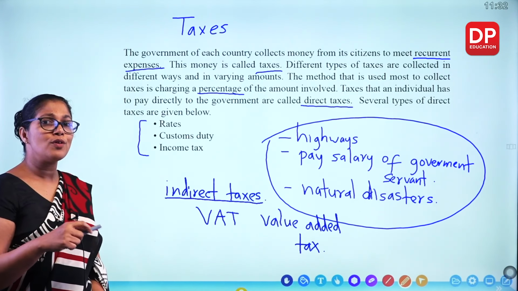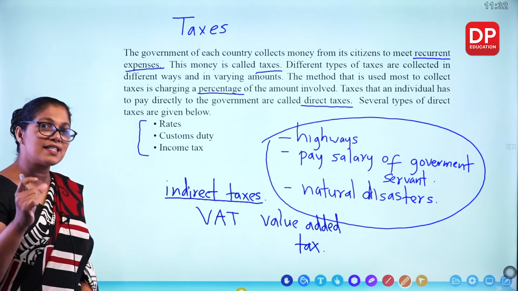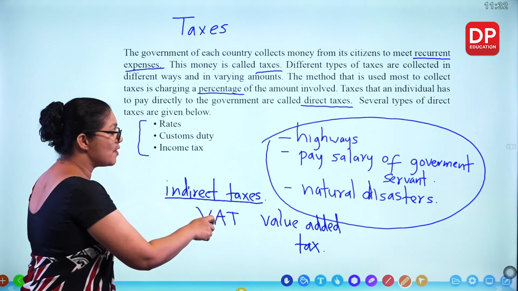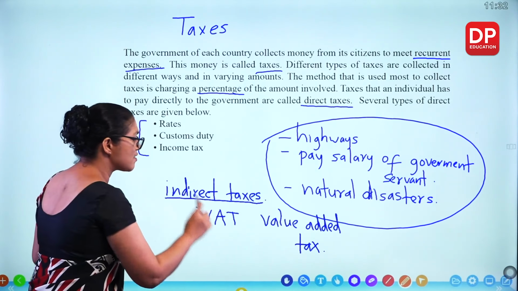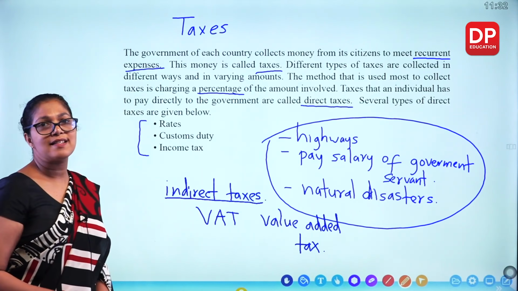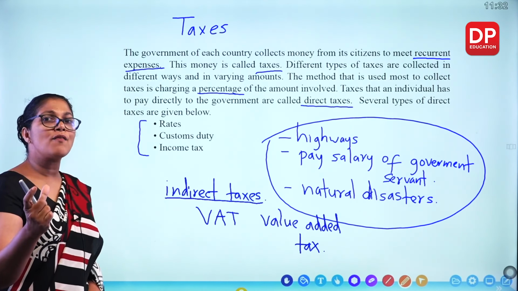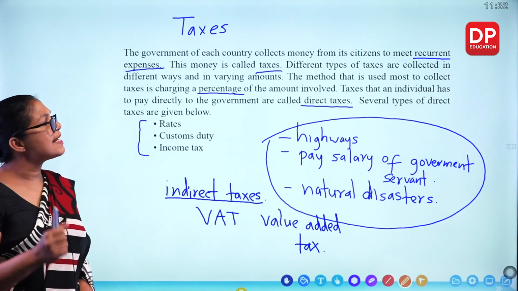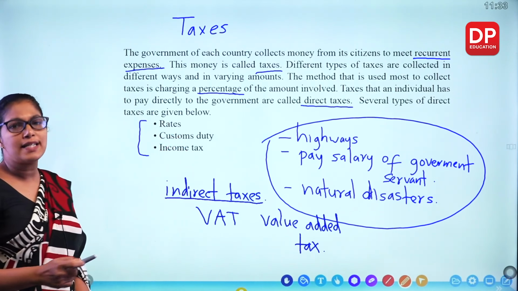So they are charging a tax for importing flour. So without knowing, we are paying more than that. So that's called VAT. So that's indirect taxes. We are not paying directly, but with the price of the object, we are paying that amount. So in this lesson, we have to talk about all these types of taxes.